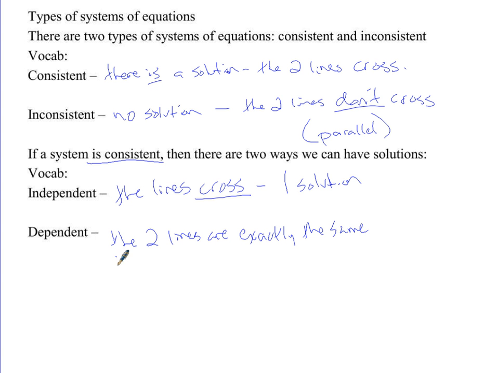Which means the two equations are also exactly the same. And in this case, that means that the ordered pairs for one line work for the ordered pairs for the other line as well. How many ordered pairs are there on a line? So many? Do we have a word that means that many? Infinitely many. Infinitely many solutions.